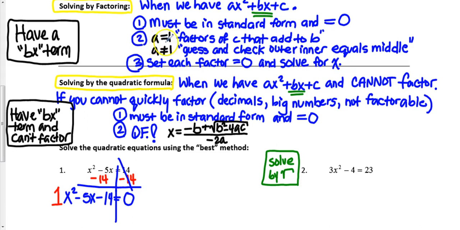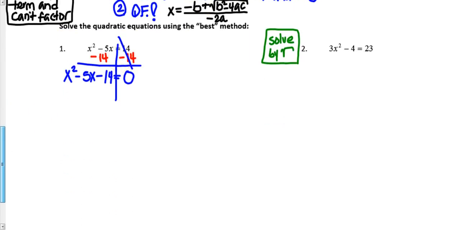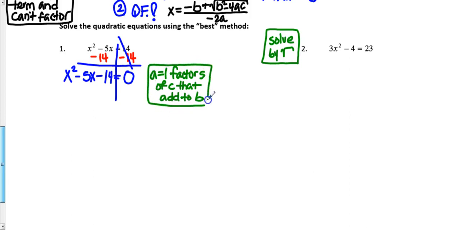So we are in the A equals 1 part here, where we're going to be looking for factors of C that add to B. So we can make a note off to the side, A equals 1, factors of C that add to B. So for us, that would mean two numbers that multiply to negative 14 and add to negative 5.